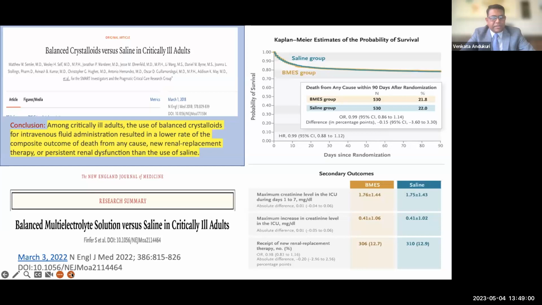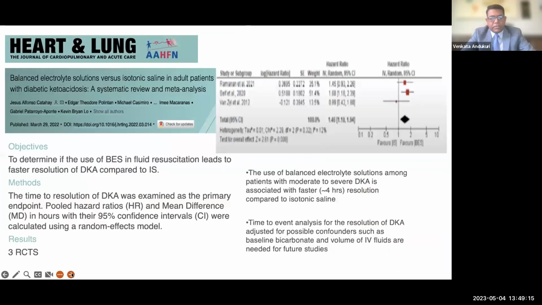But this is another study I wanted to share: if you look at the Kaplan-Meier curve on this newer study from 2022, there was not much of a difference.